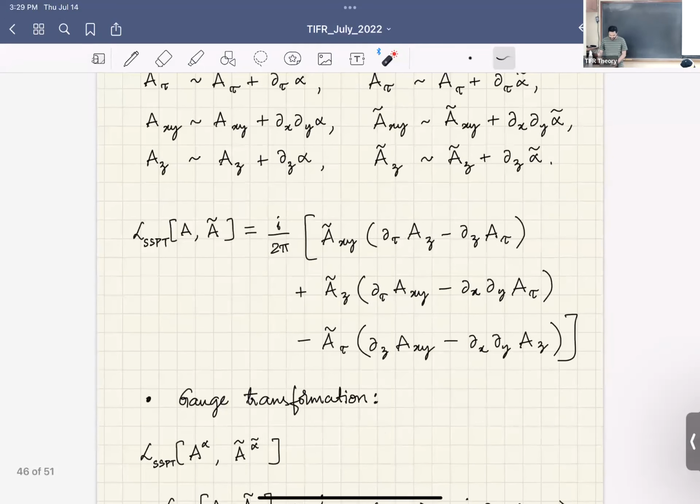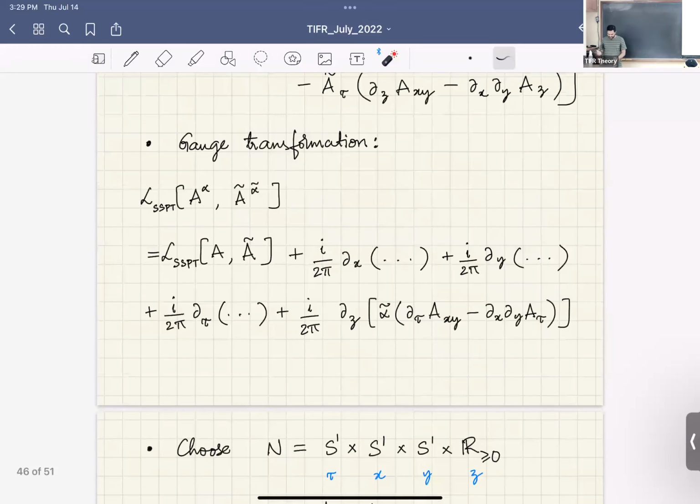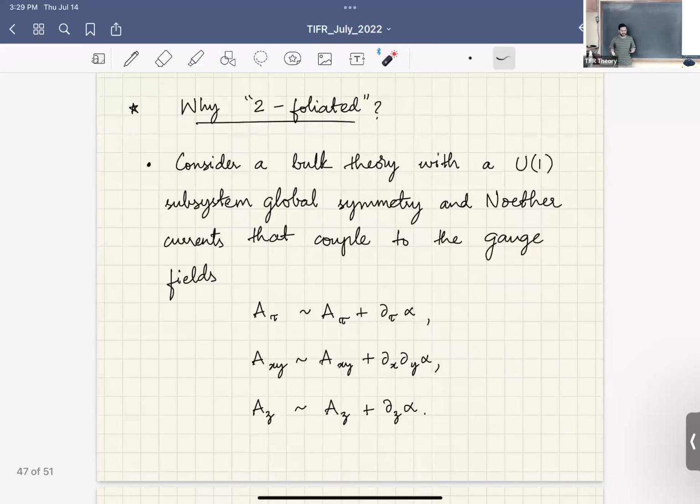So I called it a 2 plus 1 2-foliated SSPT. Why is that? Let's just imagine a bulk theory which has some kind of global symmetry which couples to these kinds of gauge fields. What could that symmetry be? Certainly it should be a continuous symmetry based on the group U(1). So you would have some Noether currents. And what are the Noether currents that these gauge fields could couple to?